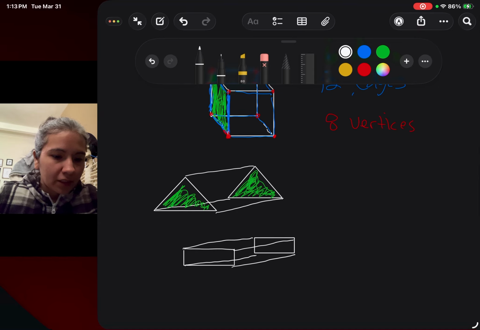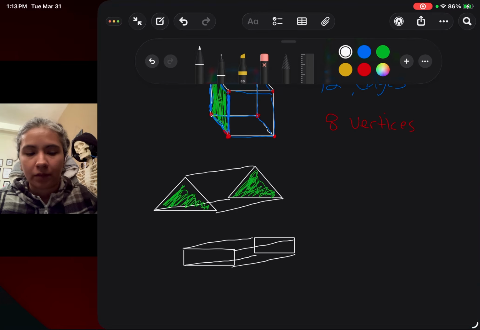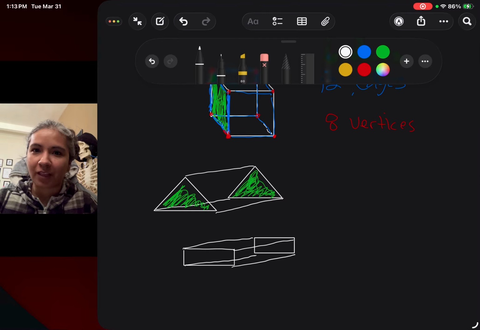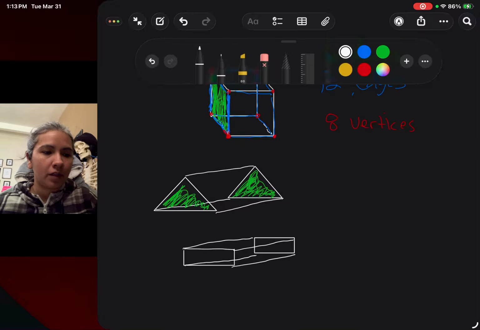To make our rectangular prism, we're connecting the vertices together. So that's a way to draw them, is just by drawing the same shape twice and then connecting the vertices that correspond to each other.